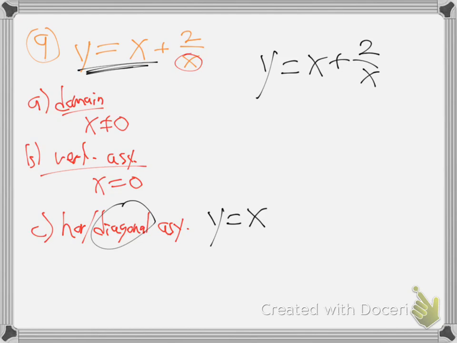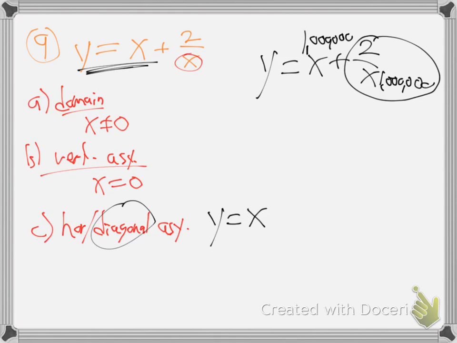If you really get why this is happening and what the engine is that's driving this car, think about whenever they ask you about a horizontal or diagonal asymptote, you mean as it goes way off to the right or the left forever, what's going to happen? Well, as I take this function and plug in like 1,000,000 here, what's going to happen to this piece?